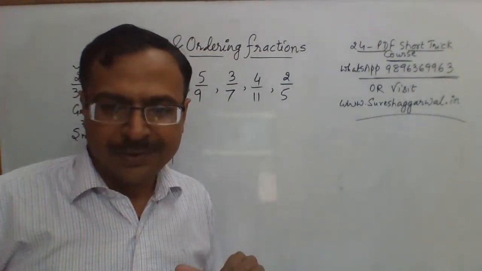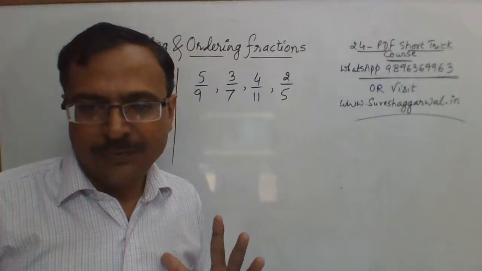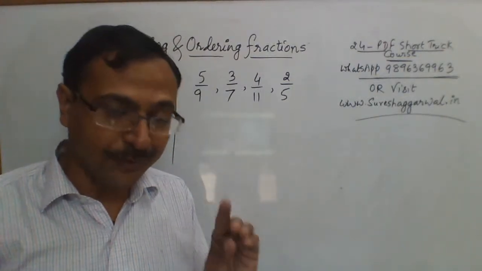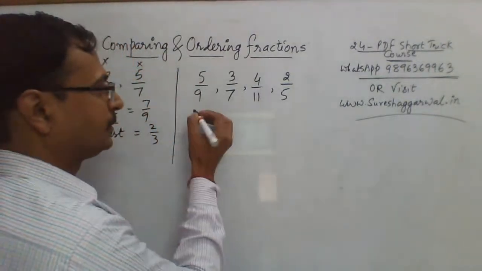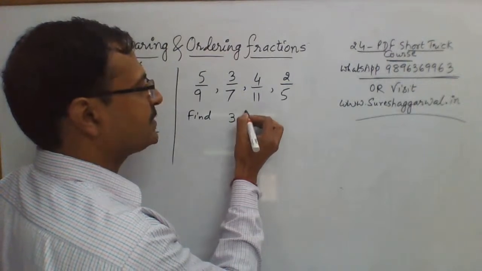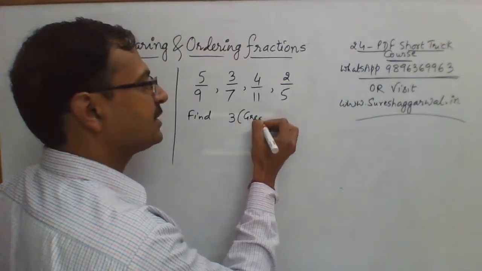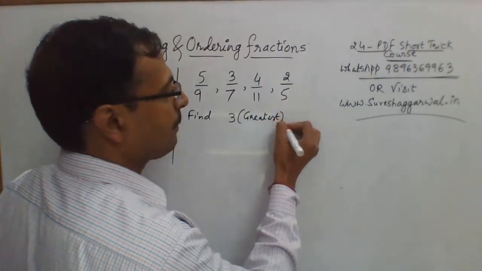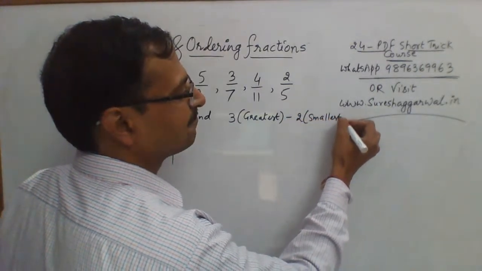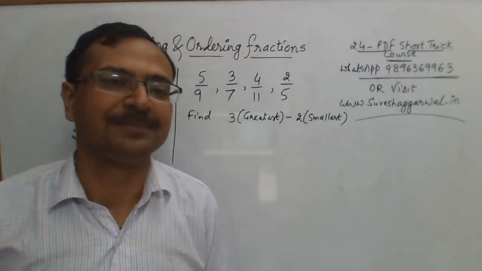Now we are asked to find the value of 3 times the greatest minus 2 times the smallest. Now look at the question.